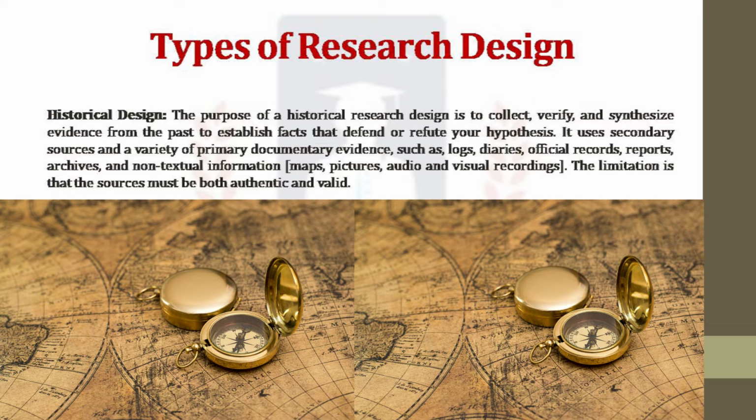In this design, we make use of secondary sources and a variety of primary documentary evidences such as logs, diaries, official reports, records, archives, and non-textual information like maps, pictures, inscriptions, etc. The limitation of this design is that the sources must be authentic and valid.